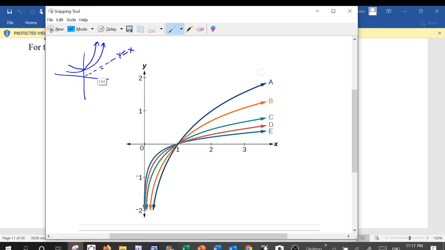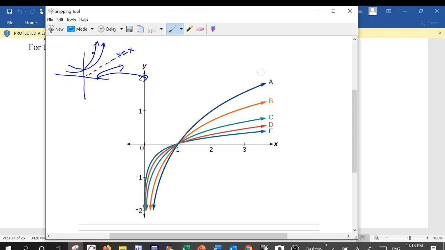So the inverse of this is going to look like that, and the inverse of that is going to look like this, right? So the one that is not as sharp here would be sharper, but the one that's really sharp right there would go to the right slower than that one.